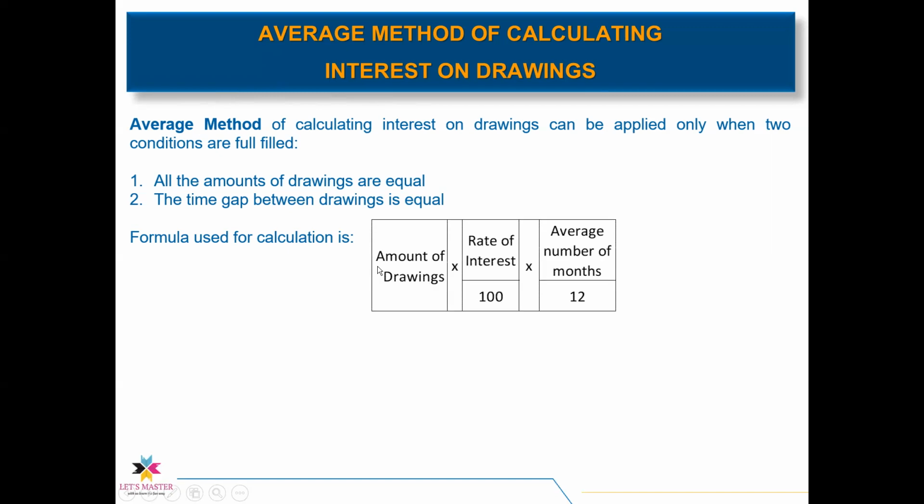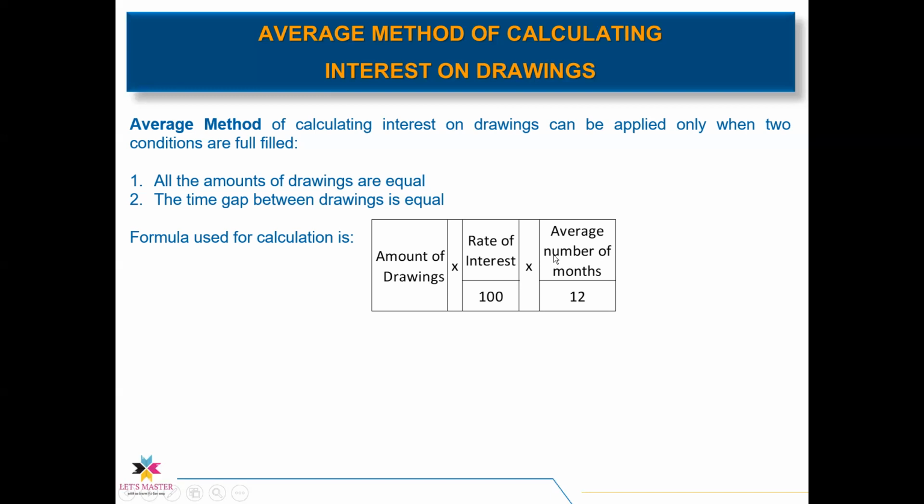And the formula that is used is amount of drawings. Here you will consider only one amount because all the amounts are equal. So even if a partner has withdrawn 20,000 rupees 4 times in a year, then we will consider only 20,000 for our calculation and not 80,000. Amount of drawings multiplied by rate of interest upon 100 multiplied by average number of months divided by 12.